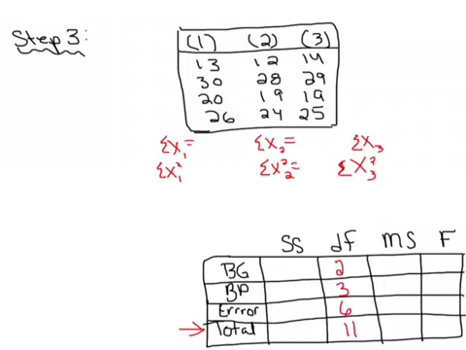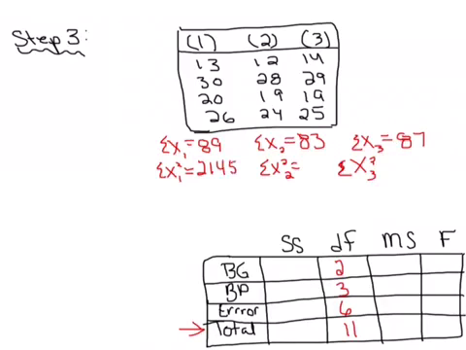I'll write them down. I've got 89 for sum of x for group 1. I got 83 for group 2. I've got 87 for sum of x for group 3. For sum of x squared for group 1, I have 2,145.